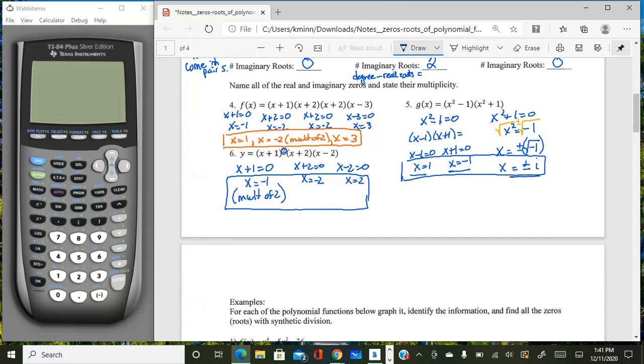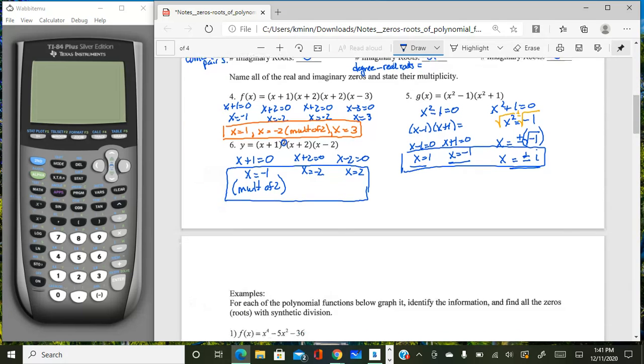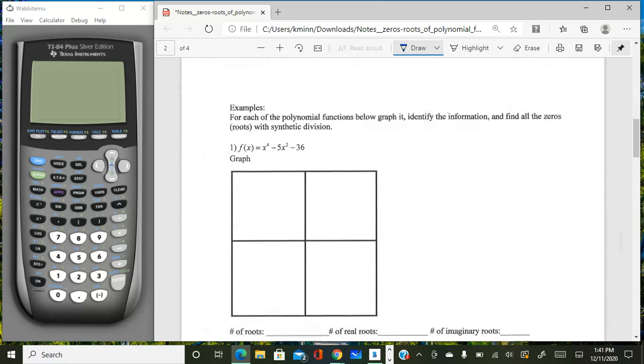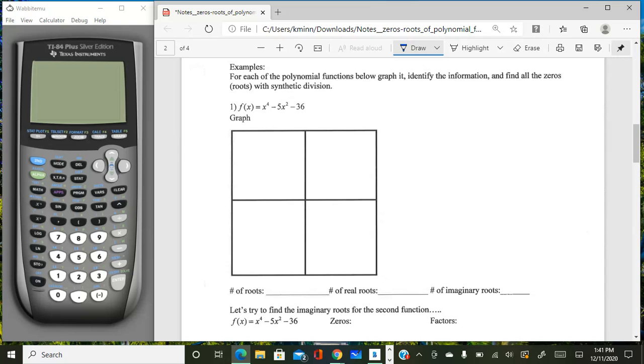Using your graphing calculator and knowing all of this about our zeros, we are going to look at the next example on which we are going to graph and find all of our solutions.